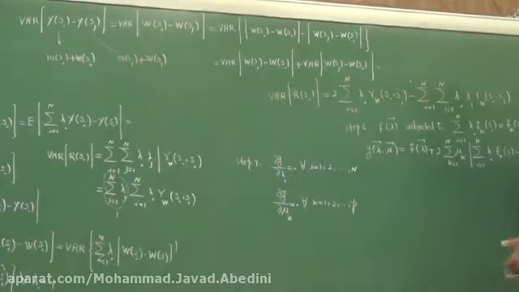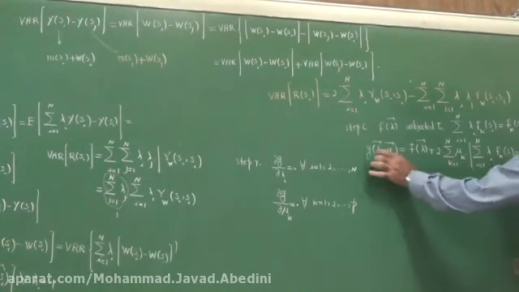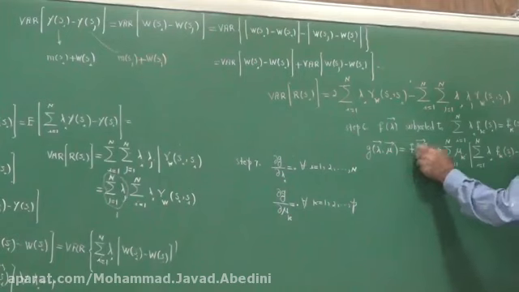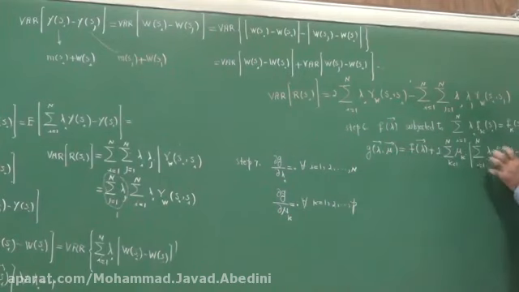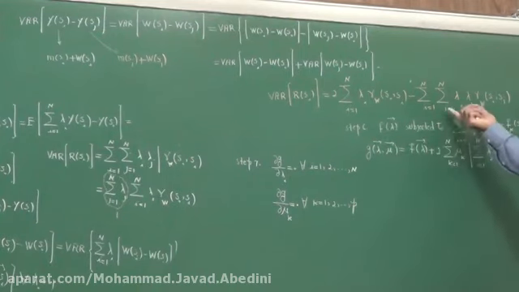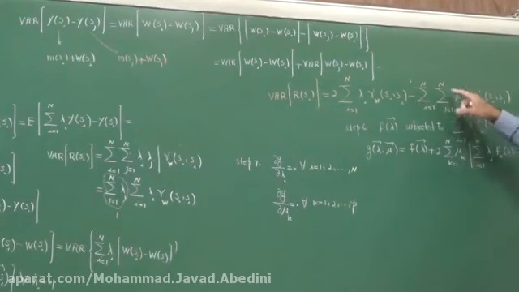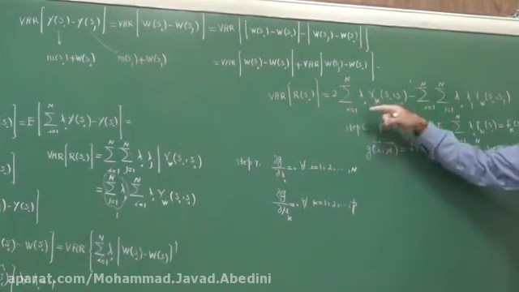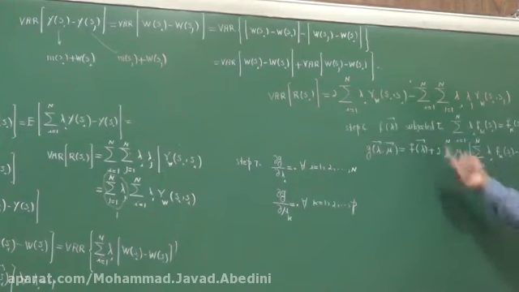Now, partial derivative of g with respect to lambda. You have to take partial derivative of this with respect to lambda plus partial derivative of this with respect to lambda. Look at what you have here. Partial derivative of this with respect to lambda will become minus 2 times summation j from 1 to n lambda j times this. When it comes to this one, it will become plus 2 times gamma of w.